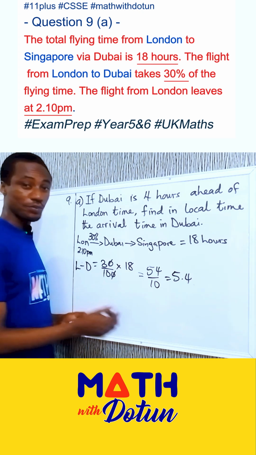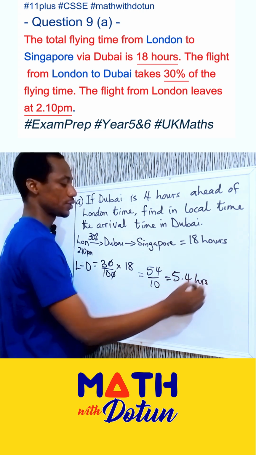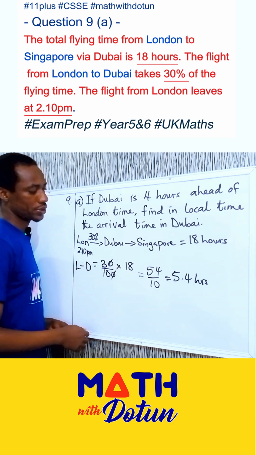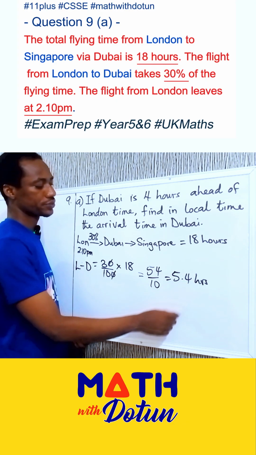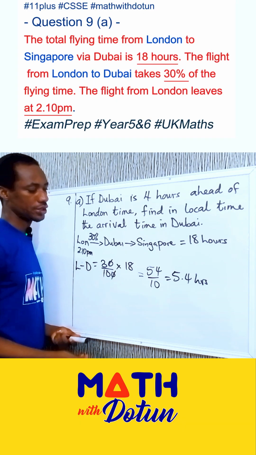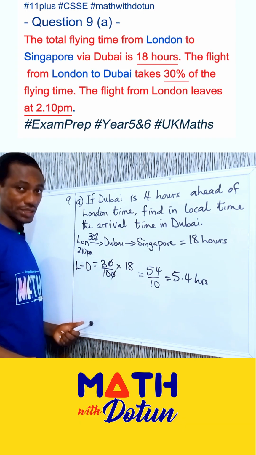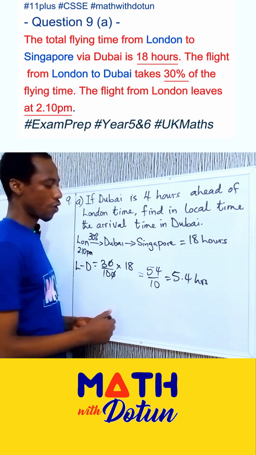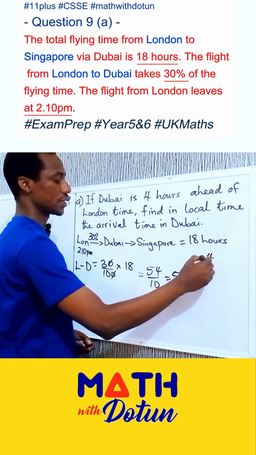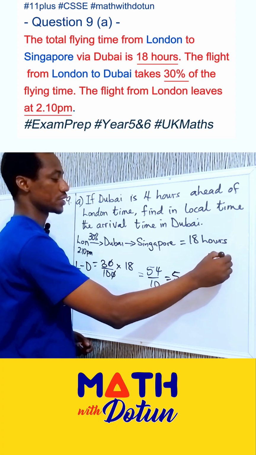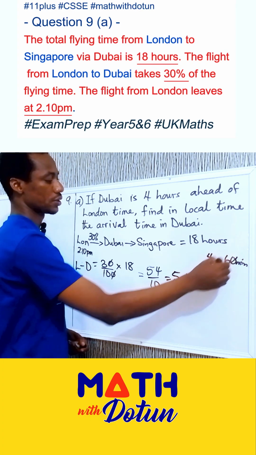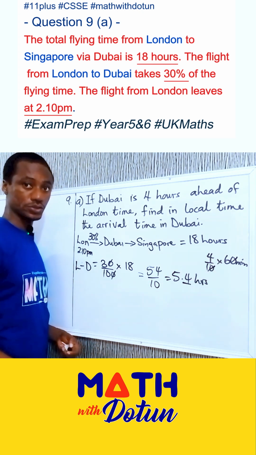5.4 hours. All right, so let's convert that to hours and minutes. How do we do that? We take 0.4 of an hour and convert it to minutes. An hour is 60 minutes, so 0.4 of 60 minutes, or we could take it as 4 over 10 of 60 minutes. 4 times 6 is 24.